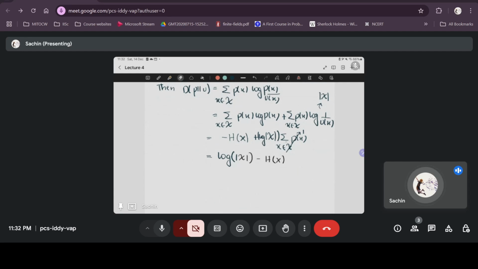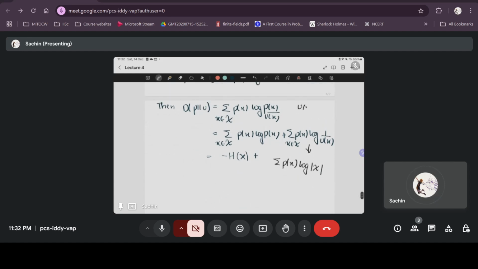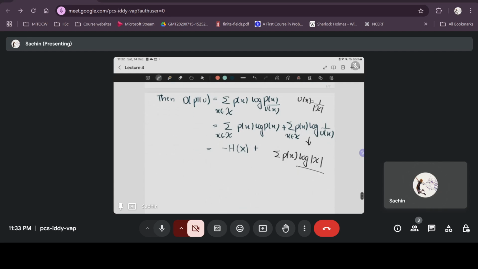No, log was already there. So this is summation p of x log cardinality of x, right? Because u of x is a constant value, because the number of terms in script x is fixed.